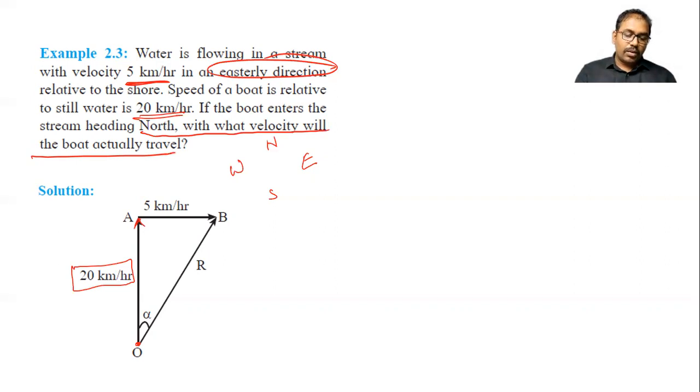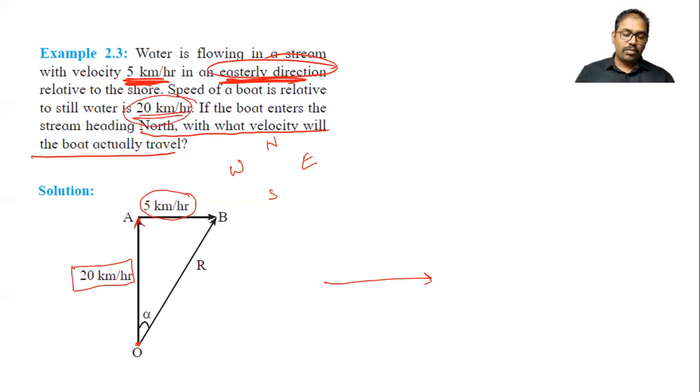So here, water is flowing 5 km/h in the easterly direction. So in this direction, east, you can see here, this is the direction of the water. Relative to the shore, the speed of the boat in still water is 20 km/h.